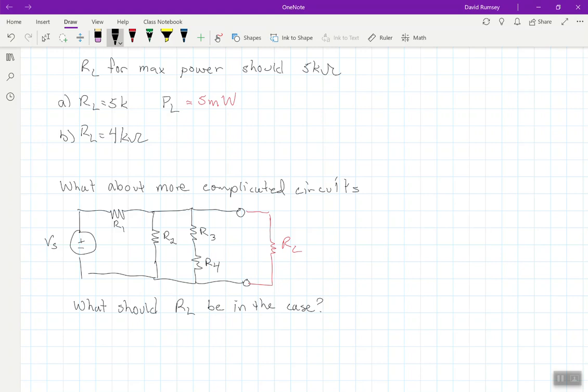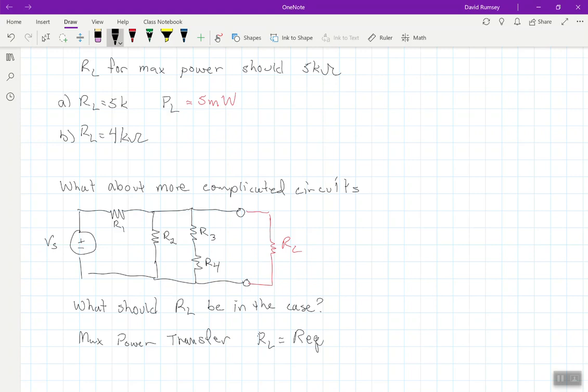And it turns out that it's going to be something that we did in some previous videos, that you can kind of see why we maybe did some of these things. It turns out that for max power transfer, RL should be equal to R equivalent.